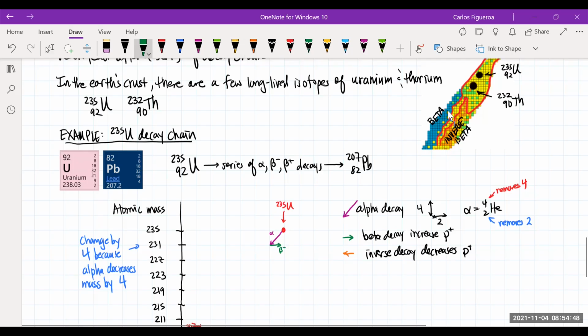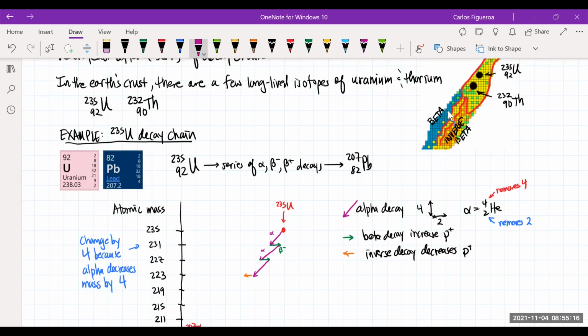And then maybe beta minus then brings it back down and it does this type of thing. And what you're seeing here is a series of decays. Maybe it goes like this, and then this guy goes like this again. Or maybe now it falls into the inverse beta decay and it goes this way.